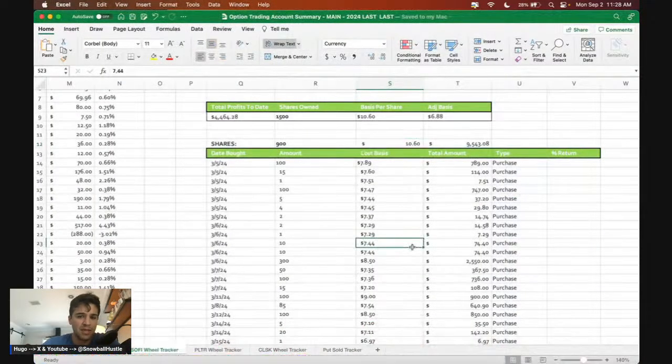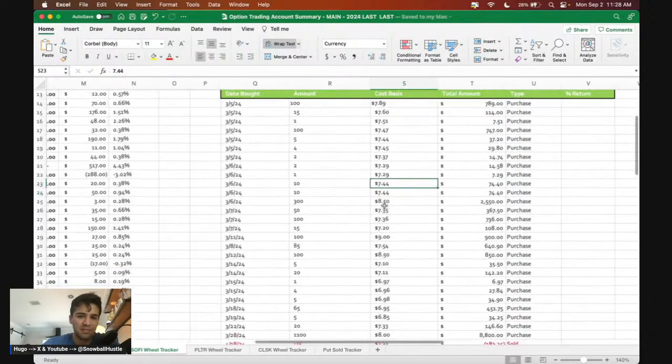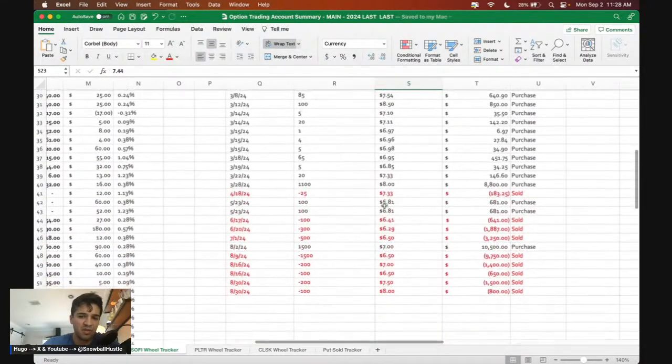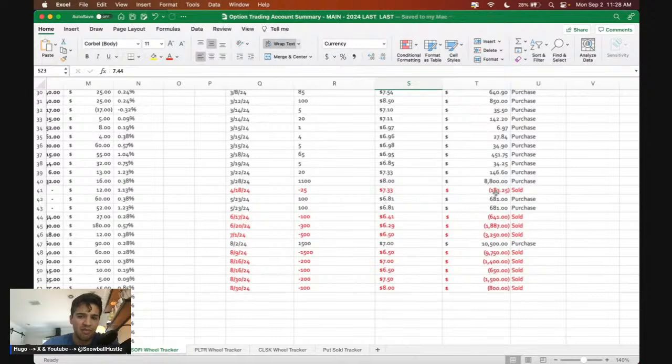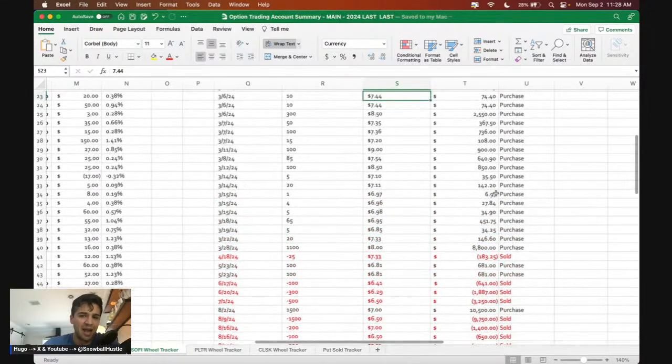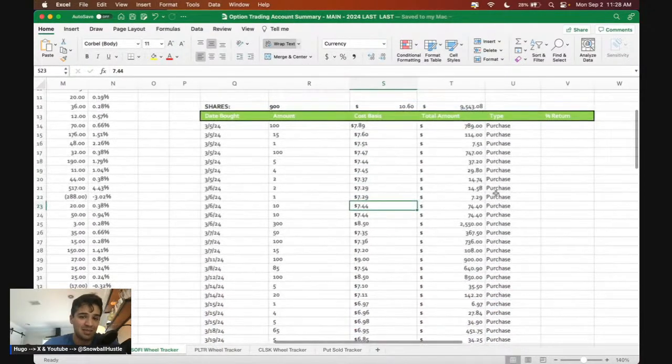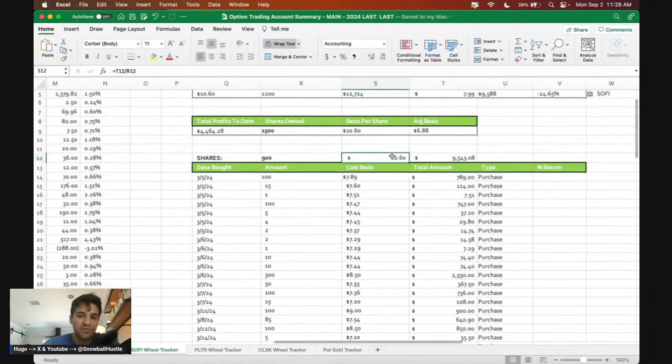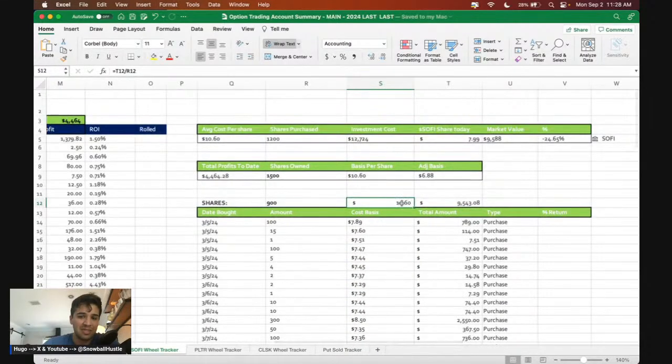So I generally lean on my tracking, just because mine basically mushes everything together, right? It takes into account everything I've sold, everything I've bought, and then it averages out what my basis is in the stock. So technically my basis is $10.60.